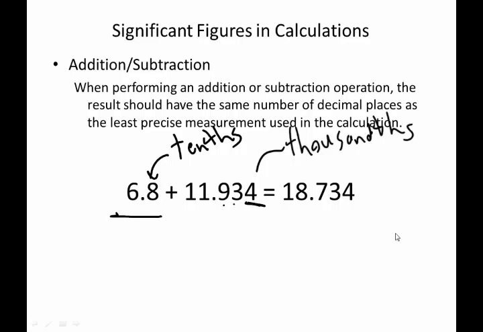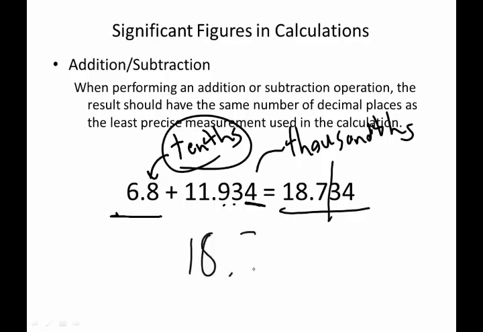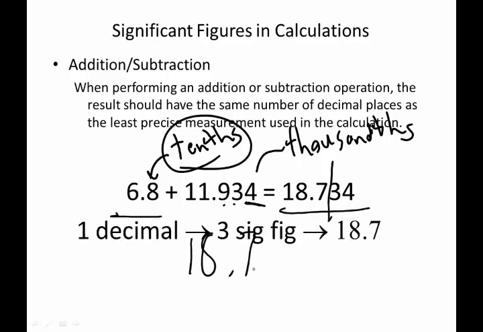So whichever one is the least precise, the largest uncertainty, tenths are larger than thousandths, so we're going to round off our final answer again. This is what the calculator gives me. I'm going to round off to the tenths place. So we get 18.7. And past me agrees that it is 18.7. So there we go.